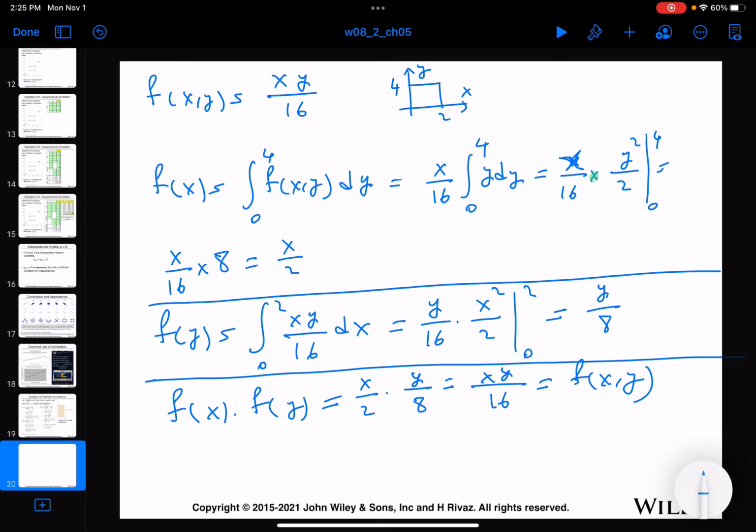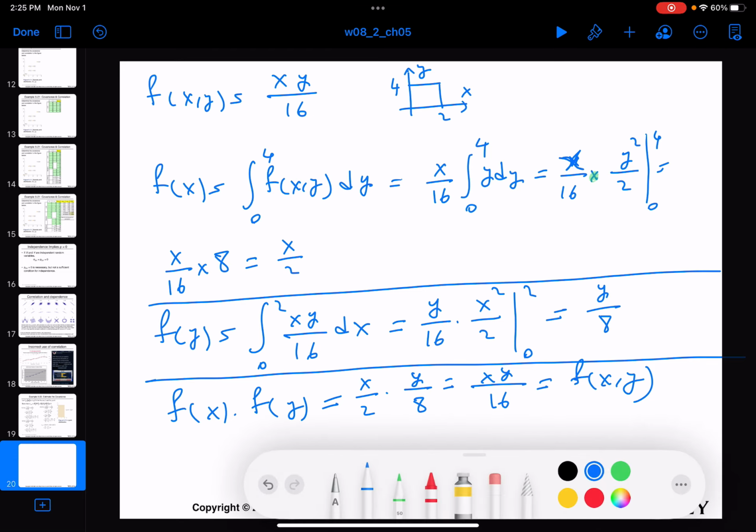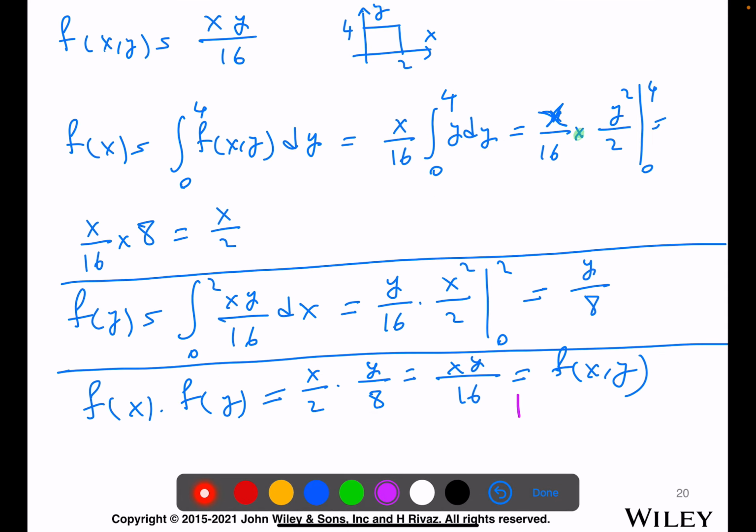So since this equality holds, then I can say that x and y are independent. And since they are independent, I can say that the covariance is 0.